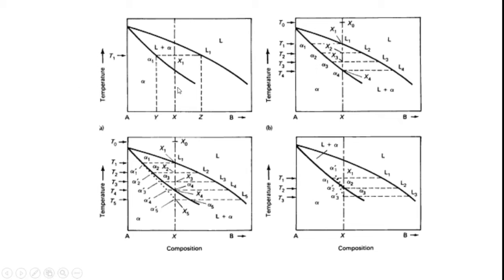So the material converts fully to liquid at the end of the tie line. So we can study the phase diagram with the solid phase and the liquid phase with the aid of the Greek letter alpha and the letter L. We can study from the left side to the right side.